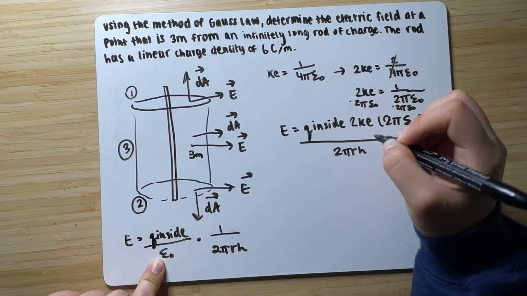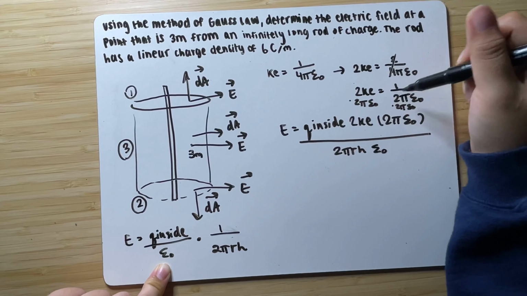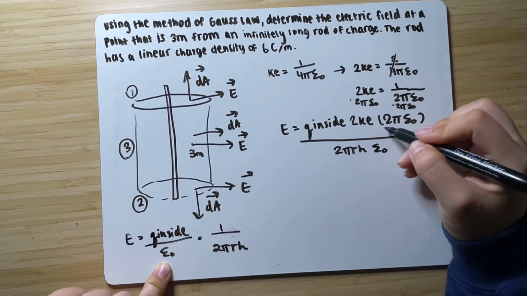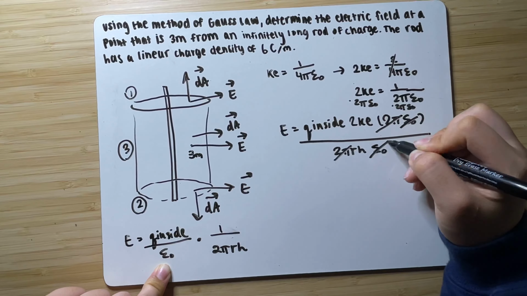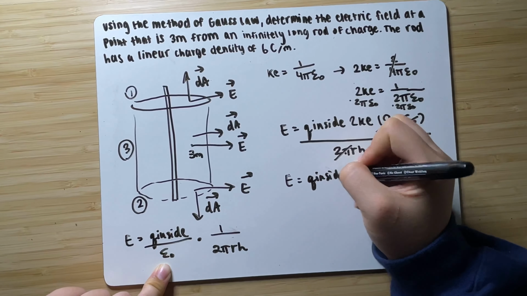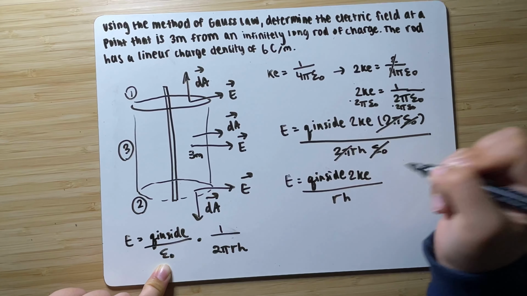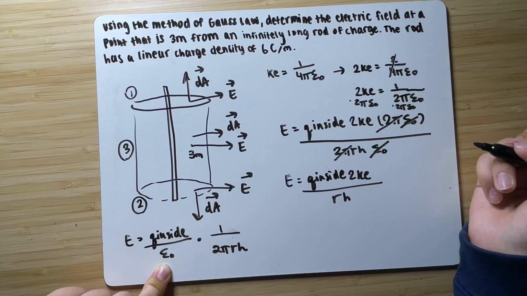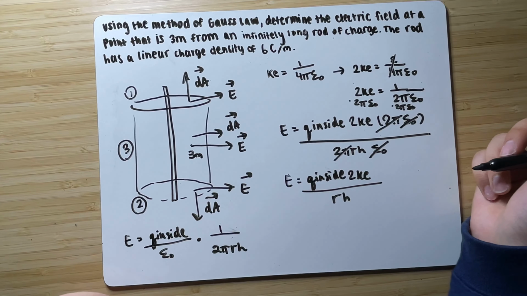With that, you see how this is the same thing as this, but with this added. We can cross 2 pi out, cross epsilon naught out. You have E is equal to Q inside 2KE over R times H. Radius times height.